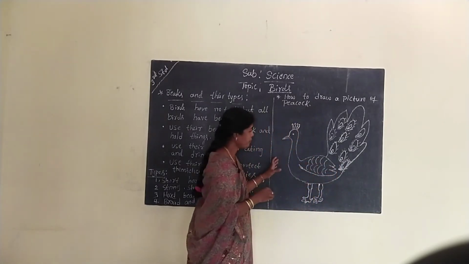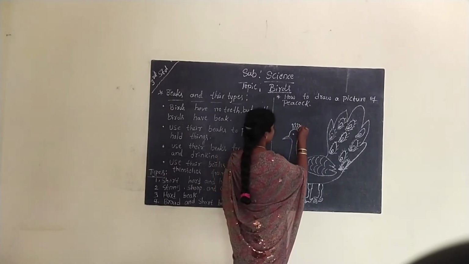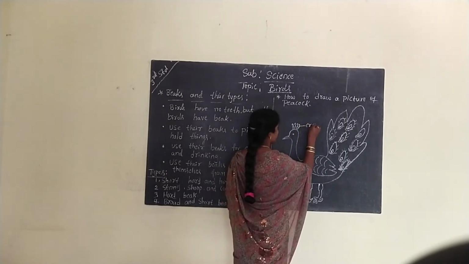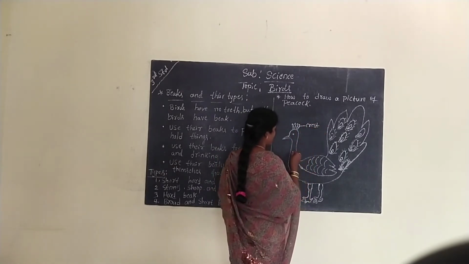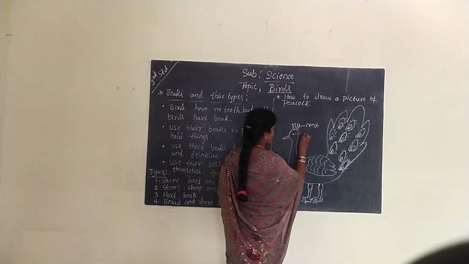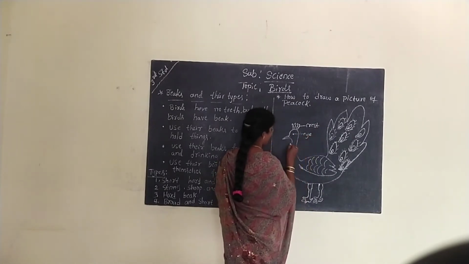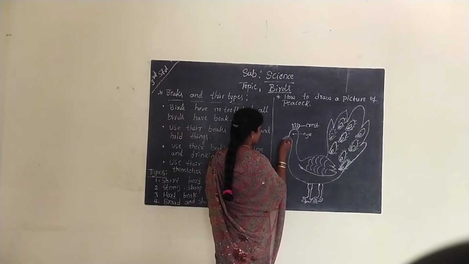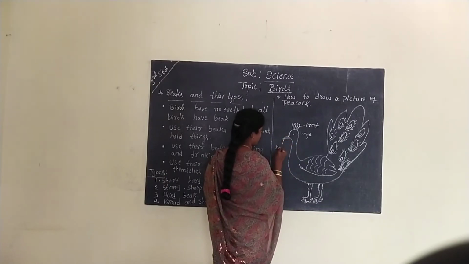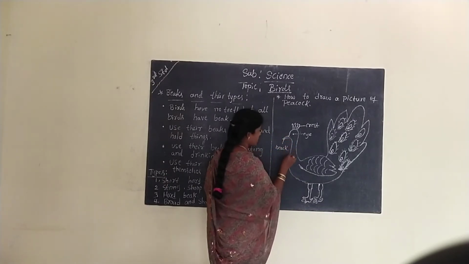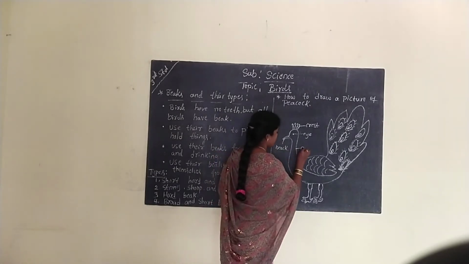Now let me label the parts. Okay, this is the crest. Next, this is the eye, and this is the beak. B-E-A-K, beak. Okay, this is the neck part.